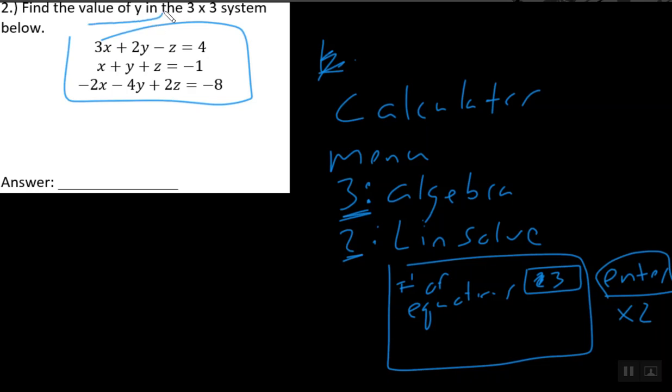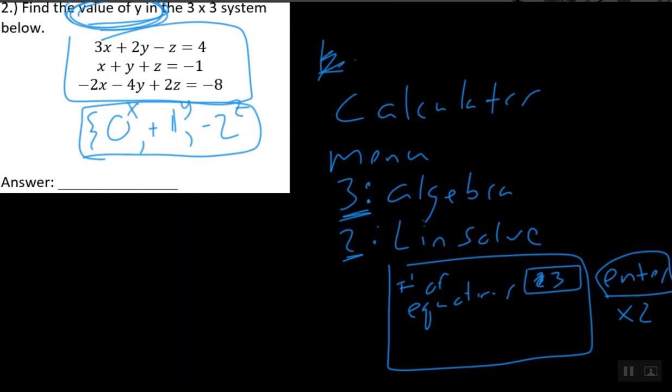It says find the value of y in the 3x3 system below. If you type this in your calculator, you'll get the solution 0, 1, -2. And if you were to write this, you would actually be wrong. Remember, this says find the value of y, and these always go in order of x, y, and z. So here we know y equals 1 is the actual answer that we're looking for.